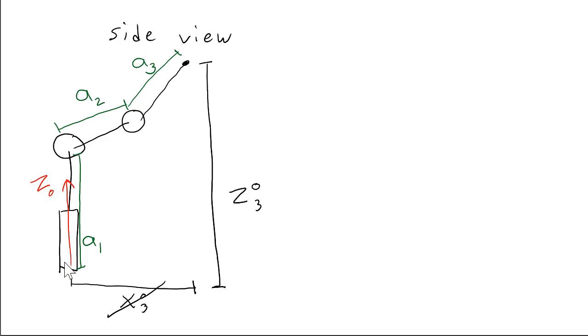So it may not be that this arm is lined up with the x-axis. And that's why we can't say that this distance is the x distance. That's only true when theta 1 is 0. And we have to write these equations to be true no matter what the value of the joint variables are. So I can't call this x03.